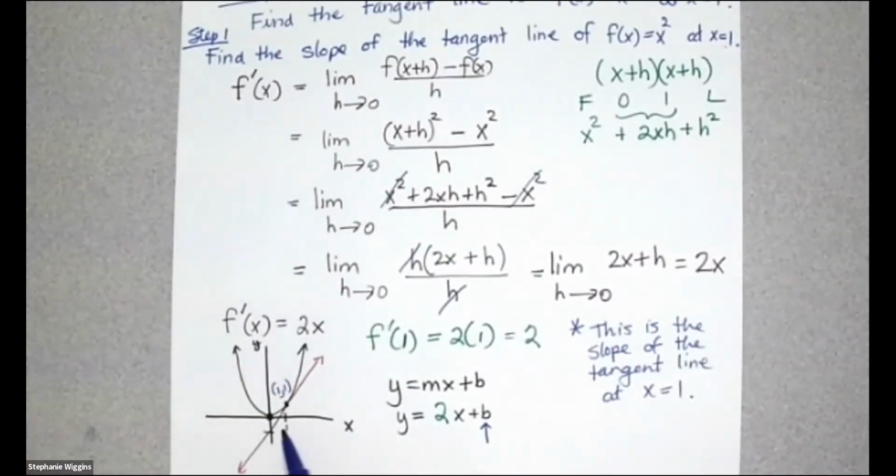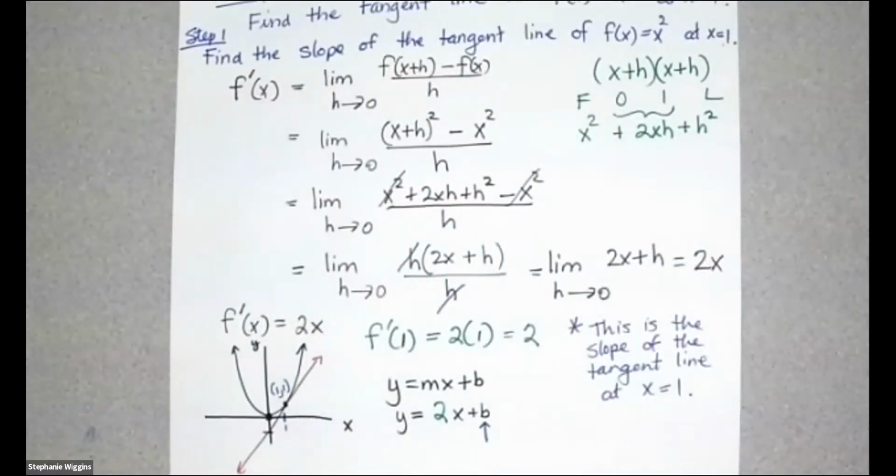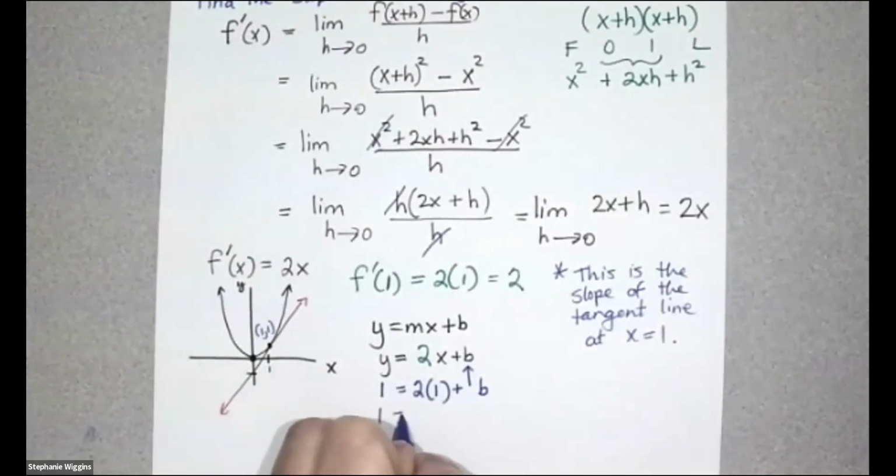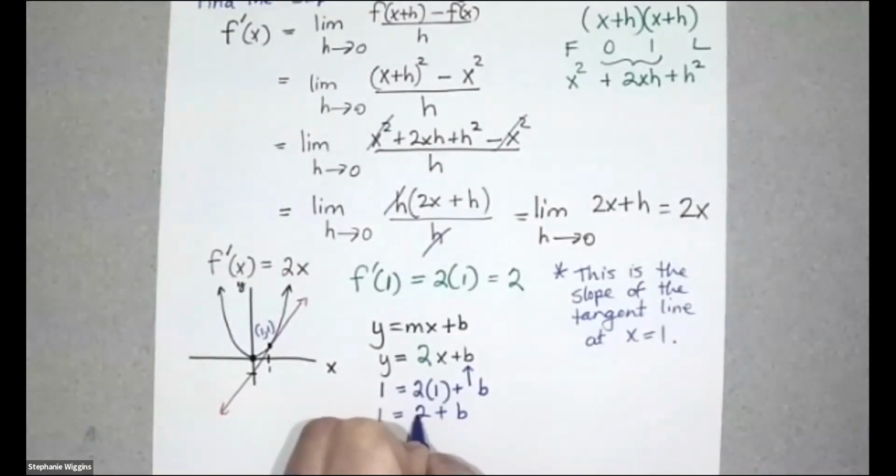When x equals 1 and you square it, y equals 1 also, because 1 squared is 1. So this point is 1, 1, and I can plug the x and y values into my equation, and that will allow me to solve for b. Okay, so I'm going to plug in 1 for y and 1 for x. And that gives me 1 equals 2 plus b.